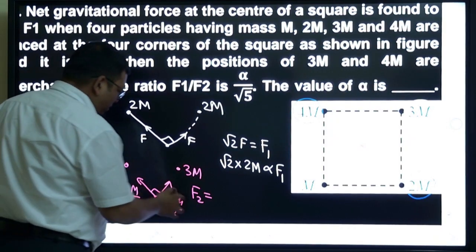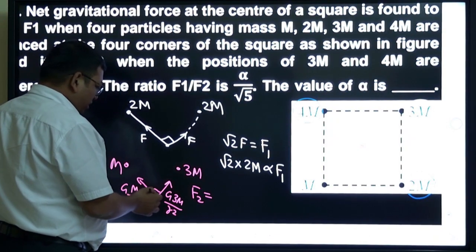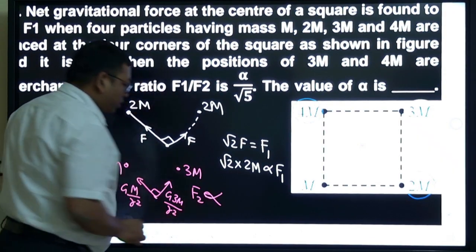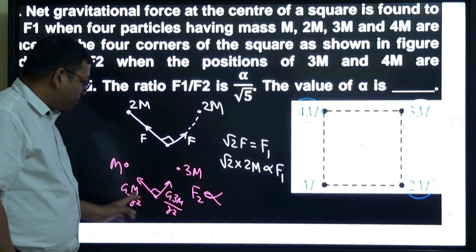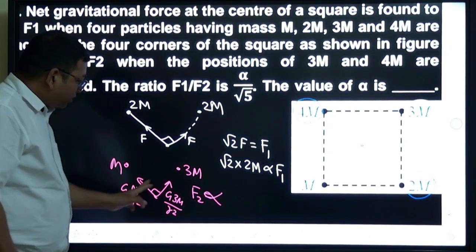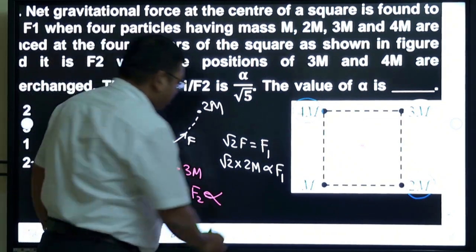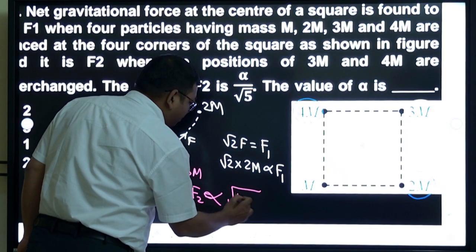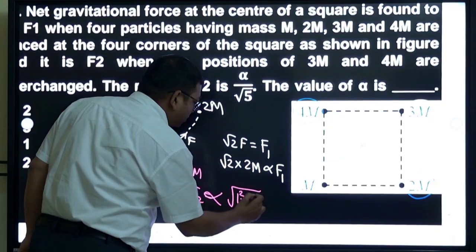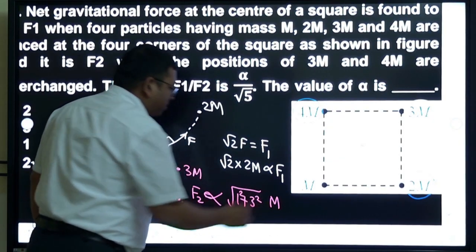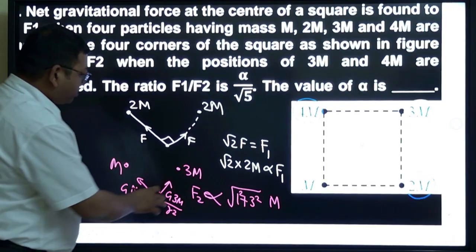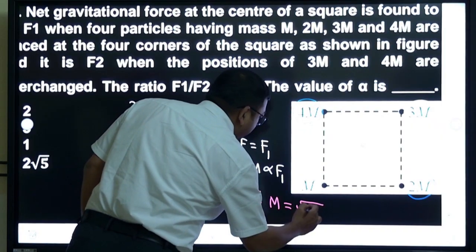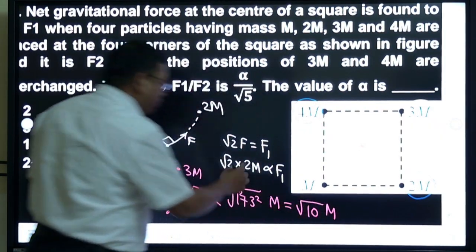So when you are going to add this root under this and this, let us write only proportionality. So F2 will be proportional to root under 1 square plus 3 square, and factor m will be coming out. Correct. So this will be root under 10.